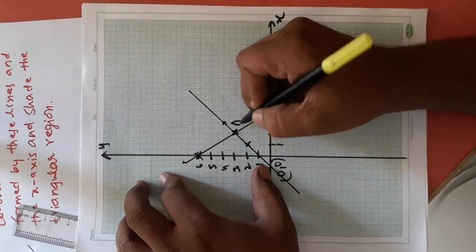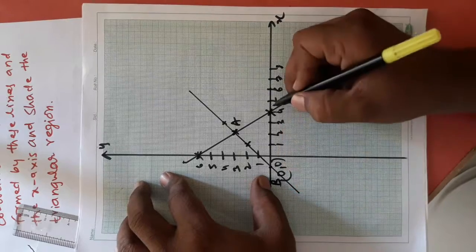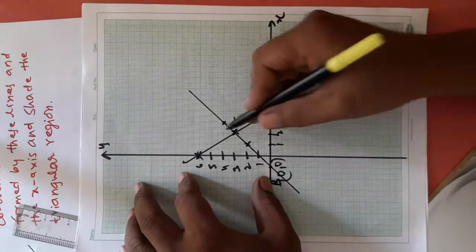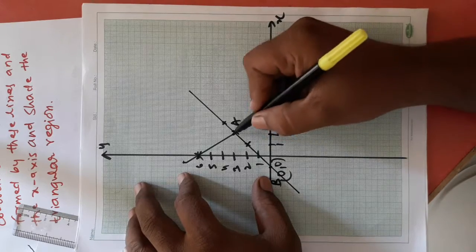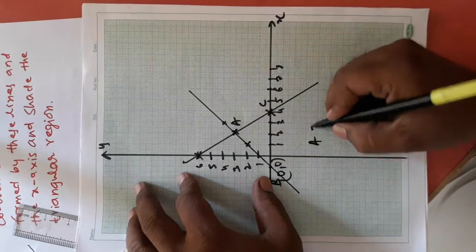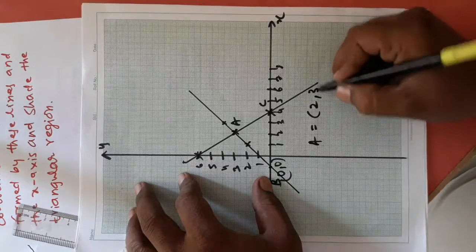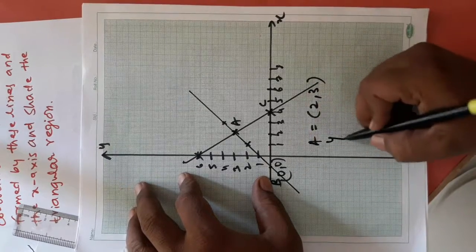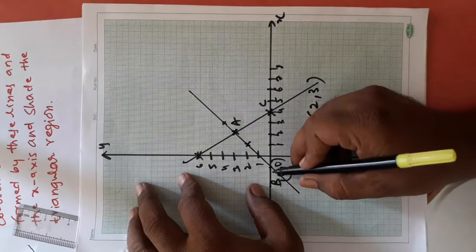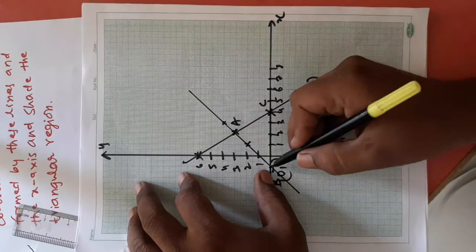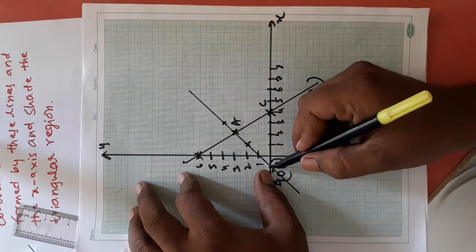This triangle is A, B, C, you can say. What are the coordinates of A? This is 2 comma 3. Coordinates of B: this is 0 and this is minus 1. X is equal to minus 1, y is equal to 0.